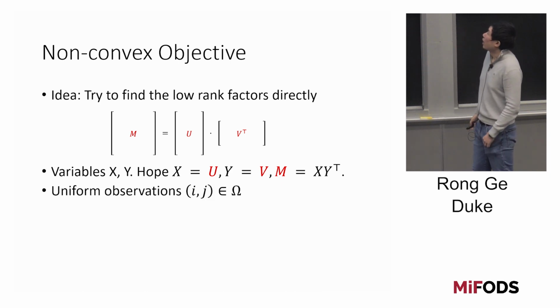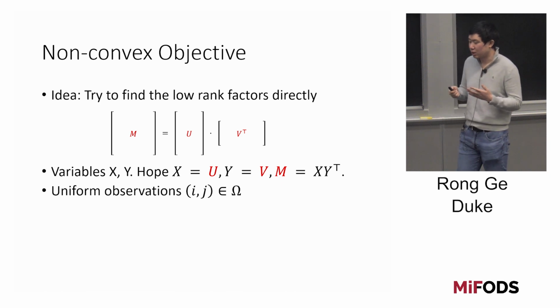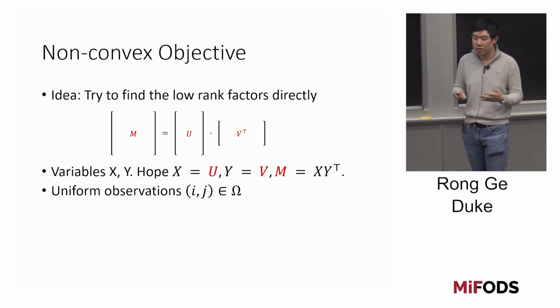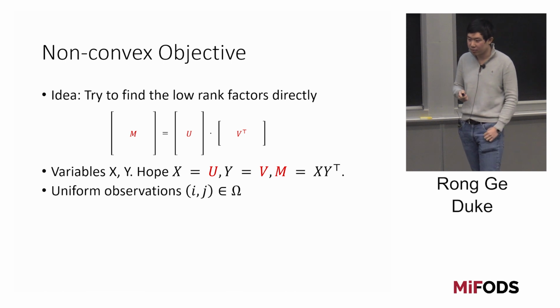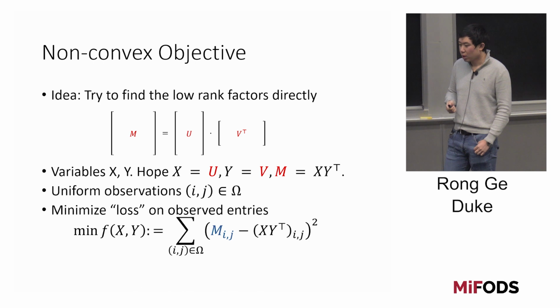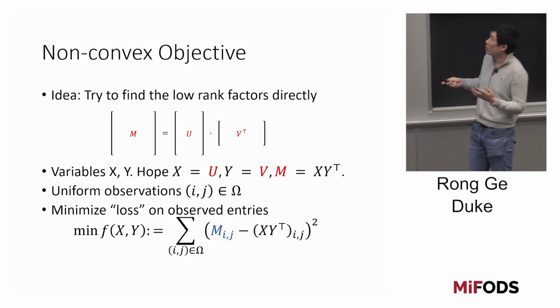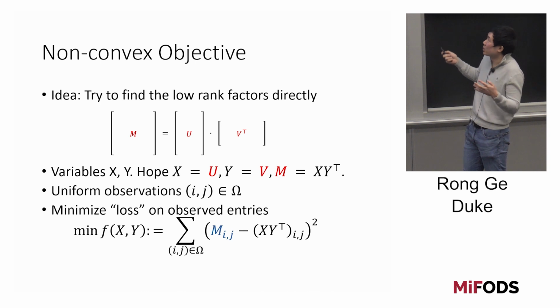In most of the works, we assume that the observed entries are chosen uniformly at random, and I will use omega to denote the set of all the entries that we have observed from the matrix M. So the first objective function that you will come up with is perhaps this objective, which is very natural.